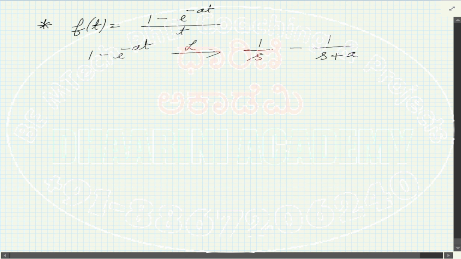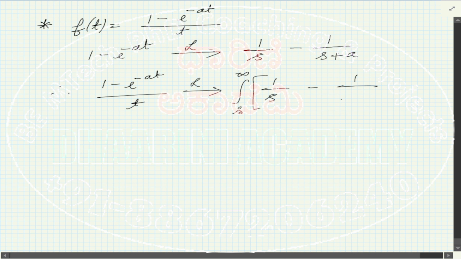Alright, so therefore if you write 1 minus e to the minus at divided by t, its Laplace should be integration of s to infinity, whatever is there on the right hand side, that is 1 by s minus 1 by s plus a ds.